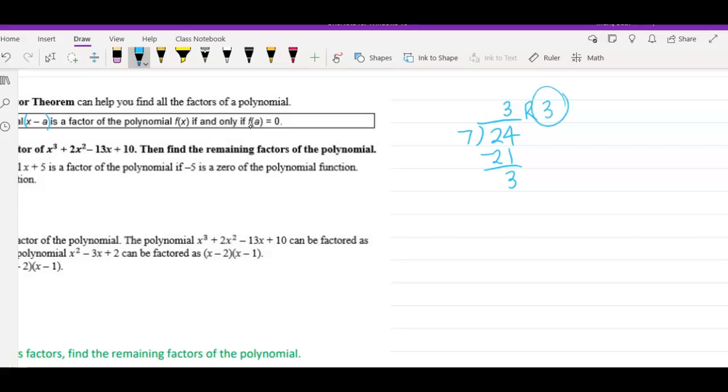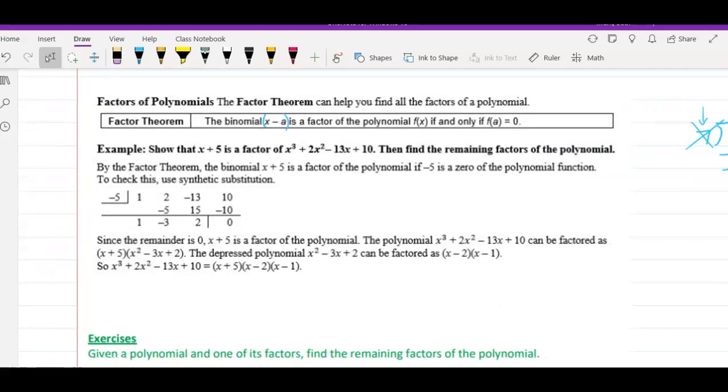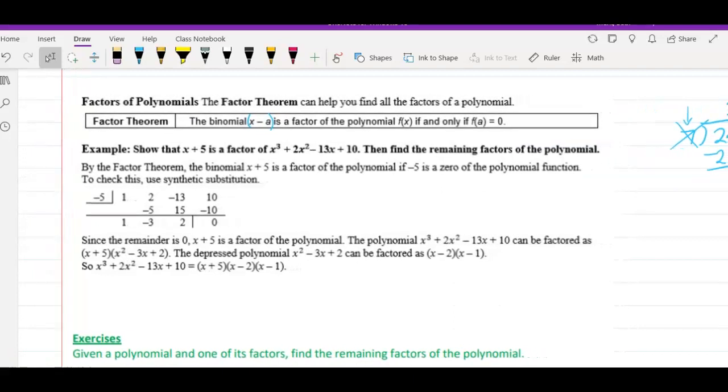If you get a remainder, what you started out trying to divide by here is not a factor. But if you try to divide by, let's say, 8, this divides, we get a remainder of 0. So 8 is a factor. The same thing's going to happen here. If we divide by something and we get 0 for a remainder, it's going to be one of our factors.